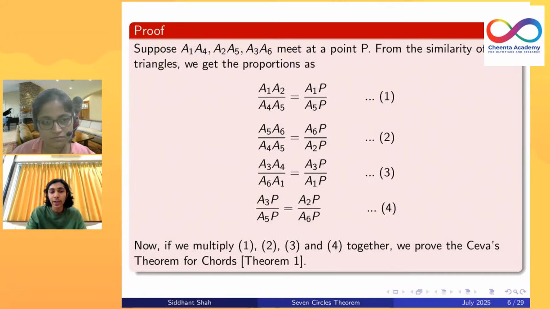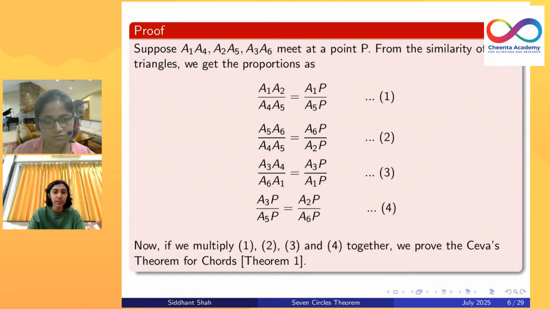So I figured out that when we take the proportion of the line segments A1A2 over A4A5, that is equal to A1P times A2P, the line segments connecting to the point P, over A4P times A5P, which again are line segments.